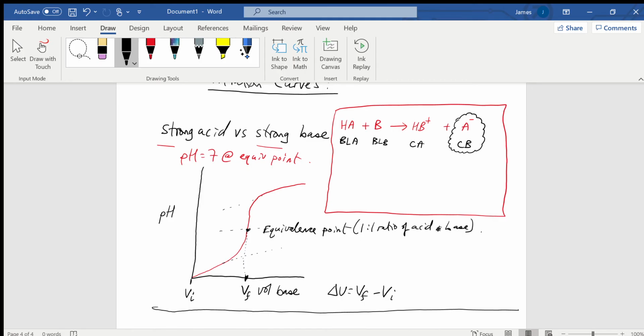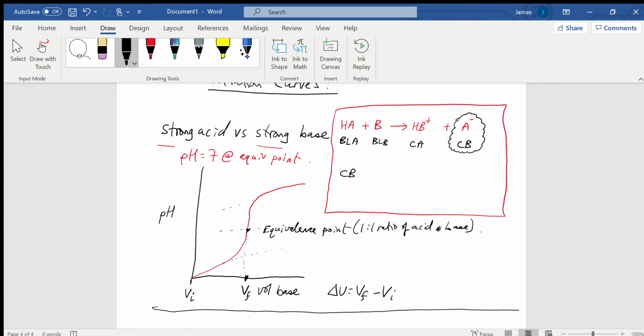So let's take this conjugate base. The conjugate base in the presence of water is going to regenerate... it's not going to regenerate anything. Okay, we have a definition rather.